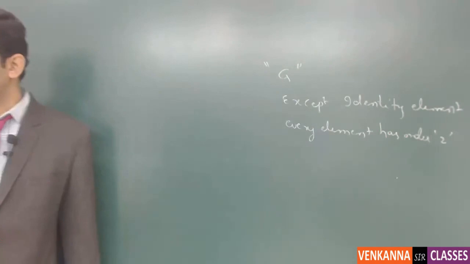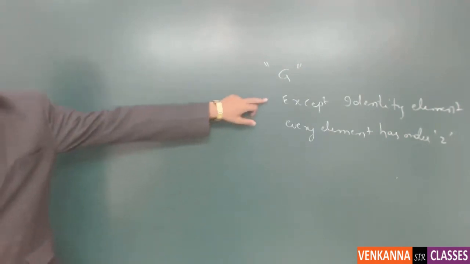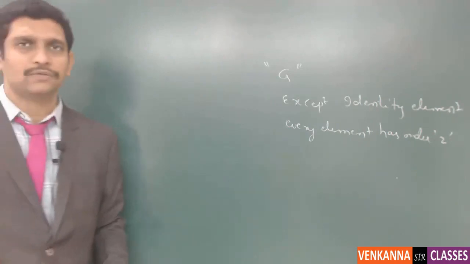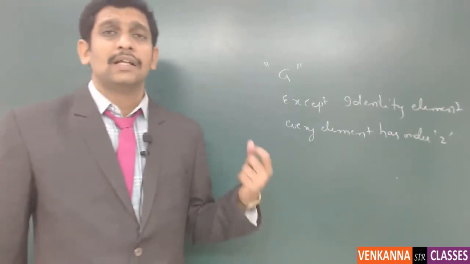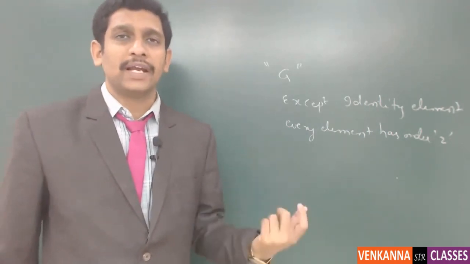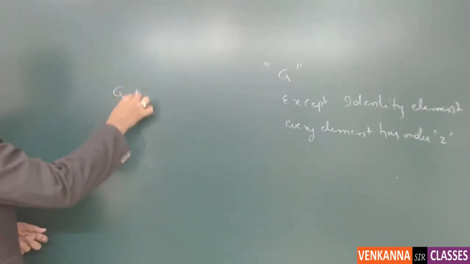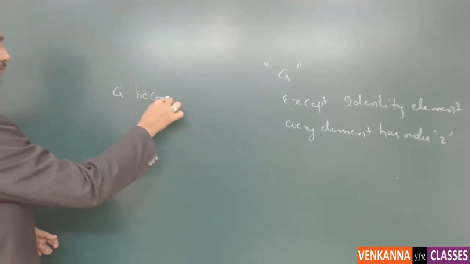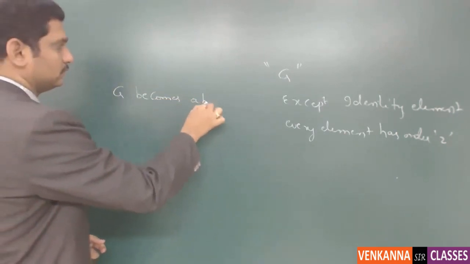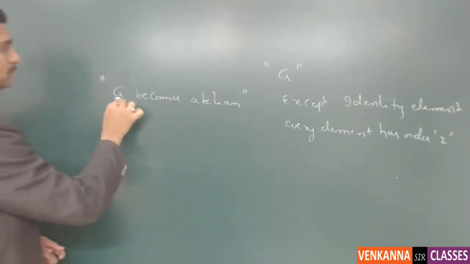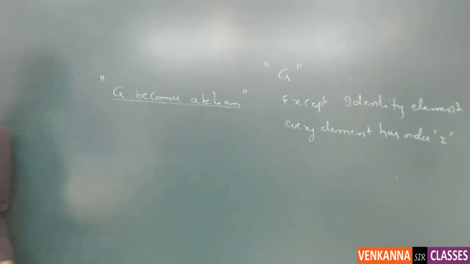You consider a group G, except identity element, every element has order 2. Then the group what you have taken will become abelian group. Now let us prove this result.